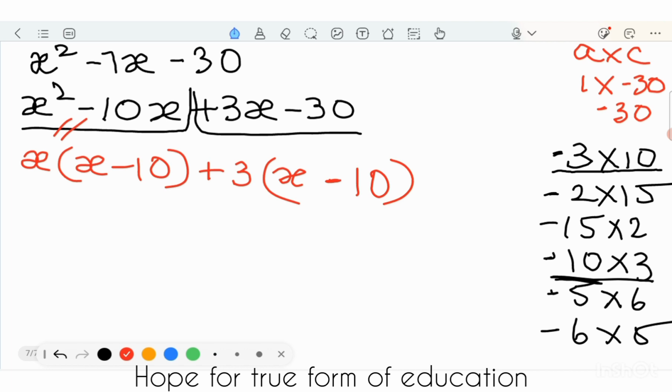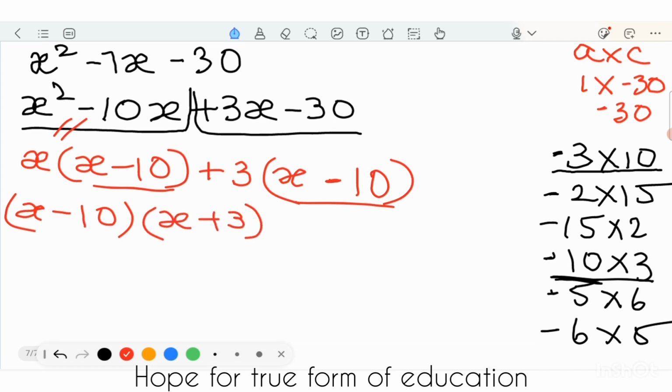So 3, you have got it, right? So minus, x minus 10 is the same here, into x plus 3.